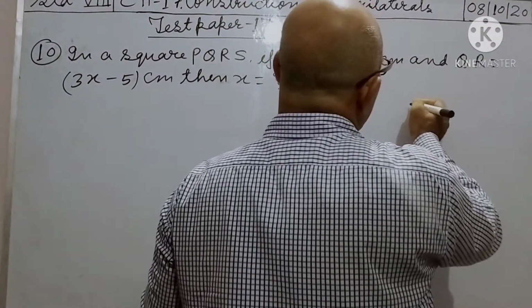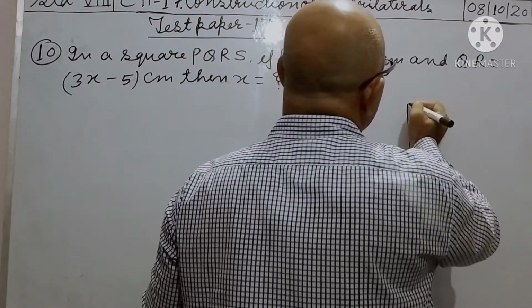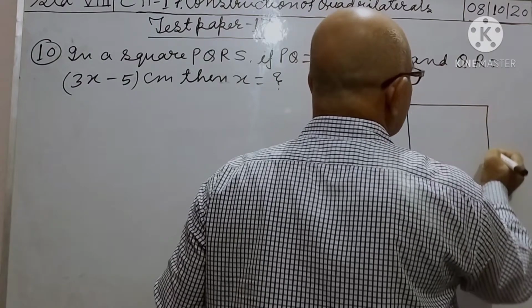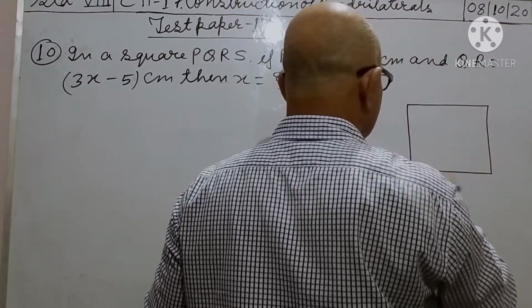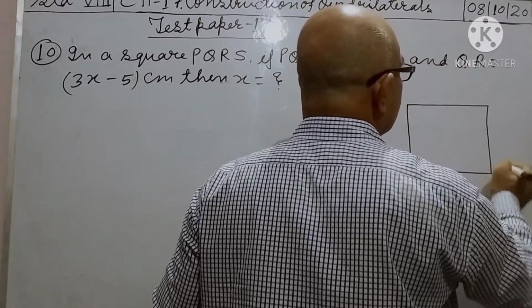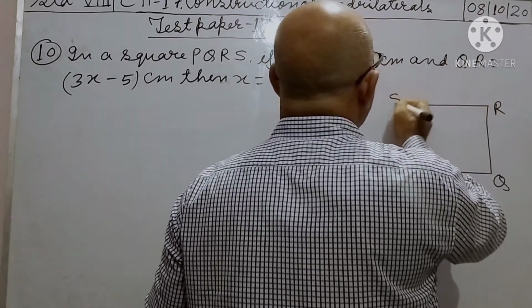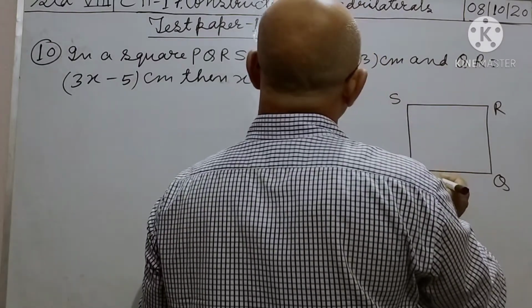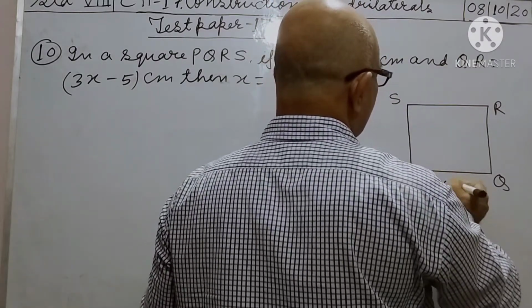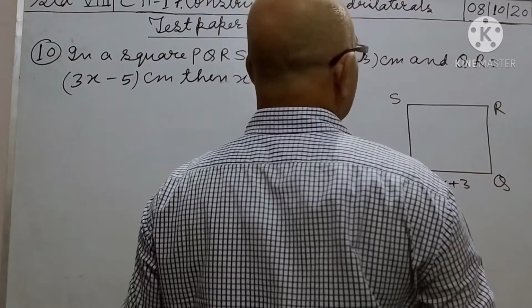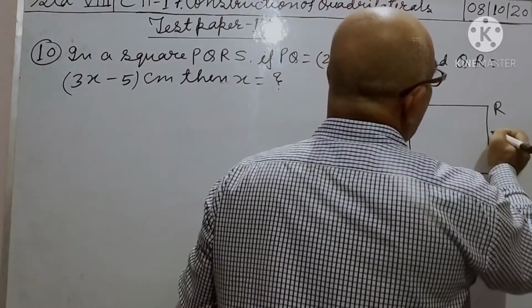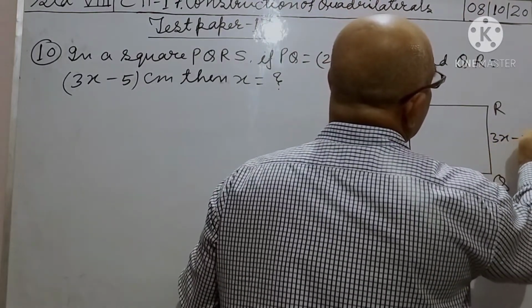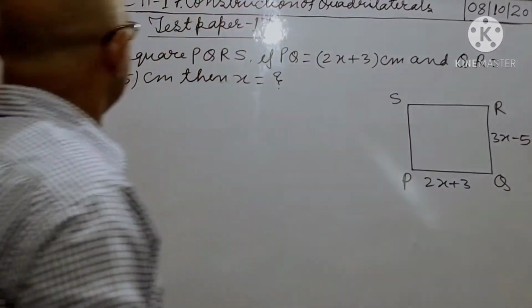So a square PQRS, in which PQ equals 2x plus 3 and QR equals 3x minus 5, then x equals?